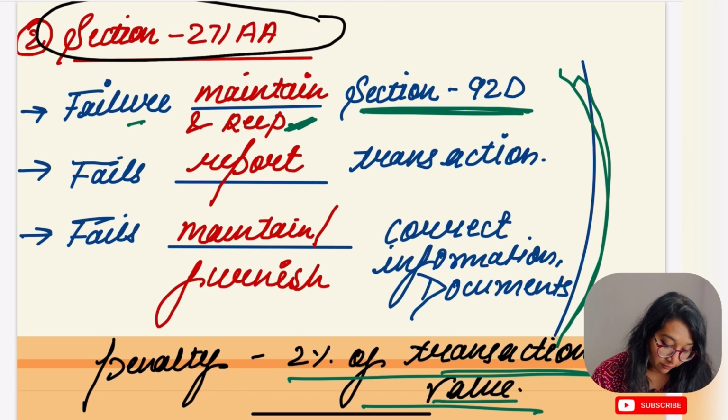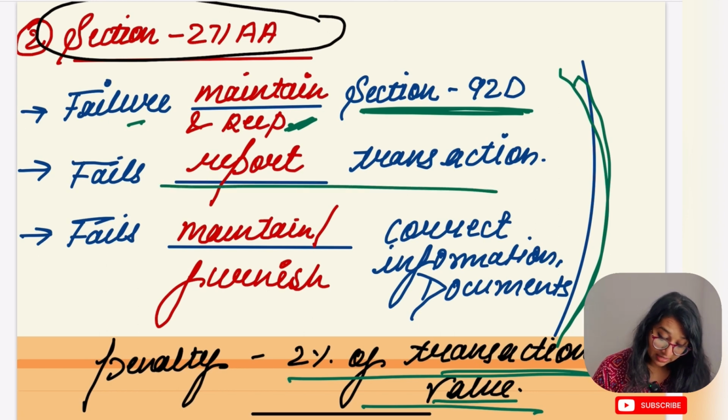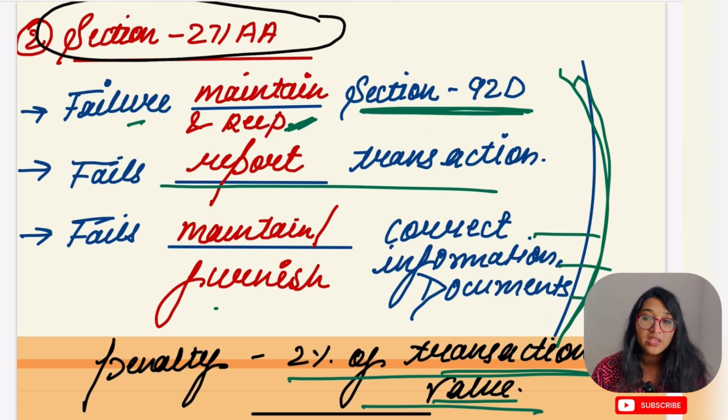Okay, if he fails to report a transaction and he fails to maintain and furnish correct information documents, in these cases again he has to pay the penalty of 2% of transaction value.